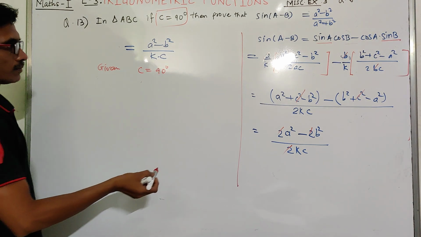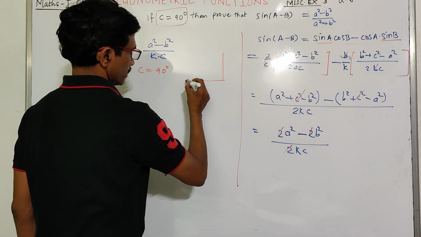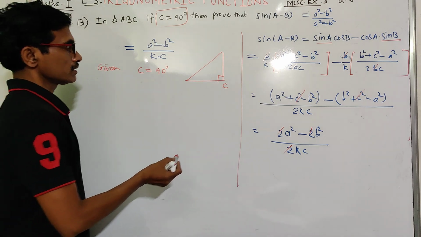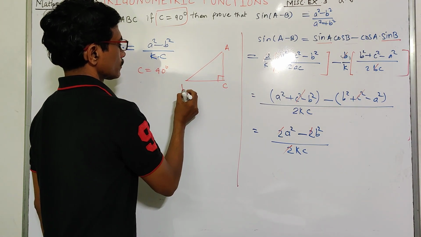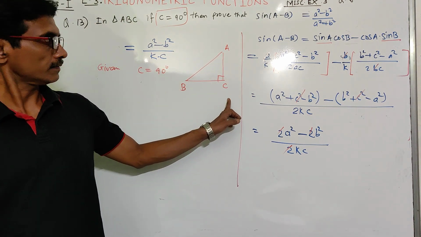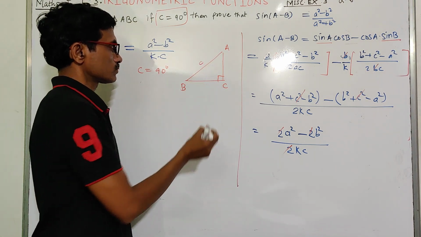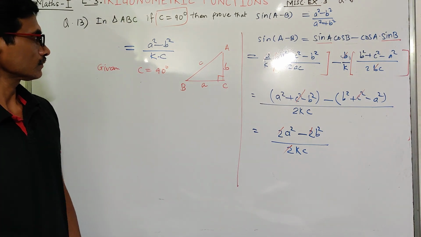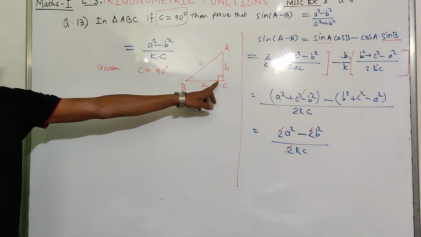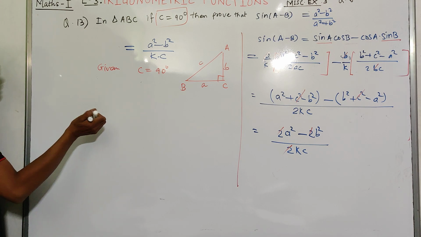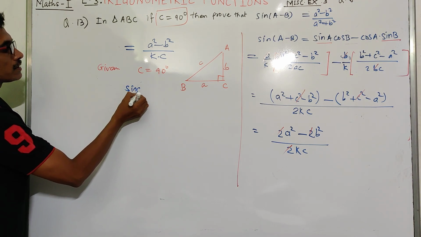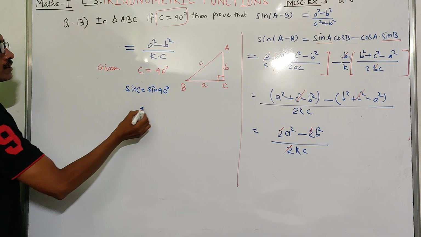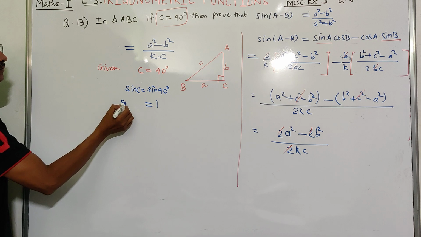That means triangle ABC is a right angle triangle at C. Here the opposite side is small c, here it is small a and small b. As this angle is 90 degrees, sine C is equal to sine of 90 degrees, and that is equal to 1.